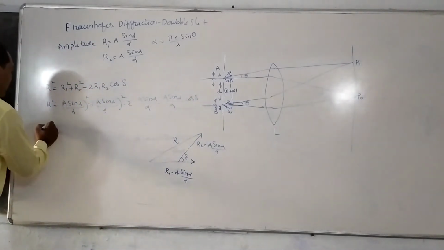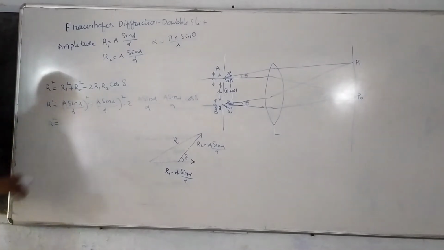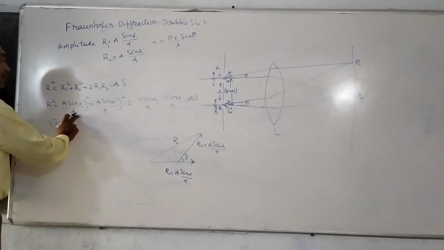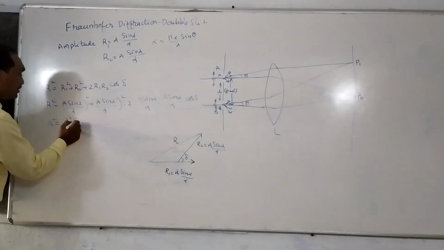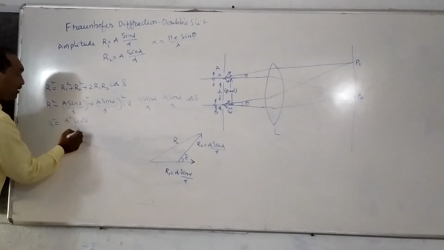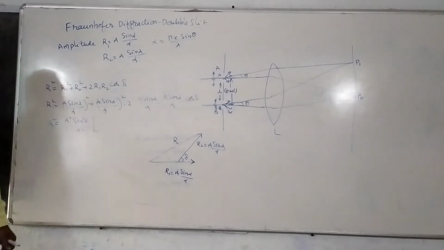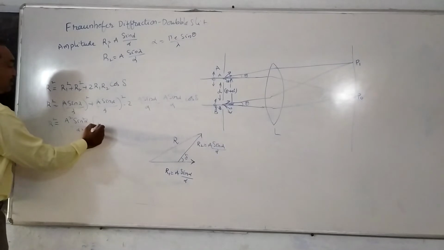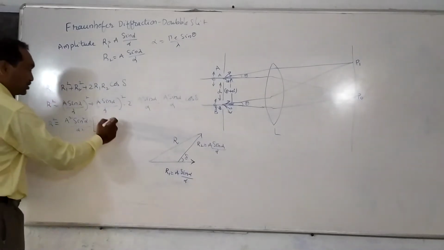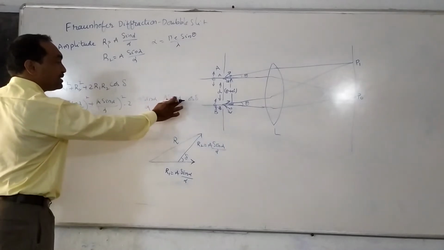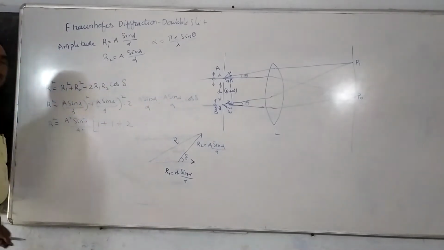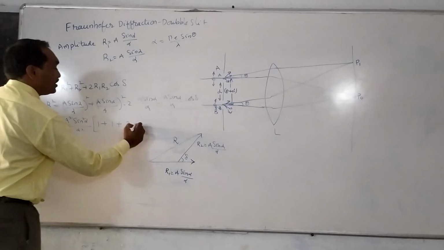Now that is equal to A square sin square alpha by alpha square here also A square sin square alpha by alpha square. When we take A square sin square alpha by alpha square as common, there is 1, there is also 1, and there is 2 A sin alpha by alpha, A sin alpha by alpha is already common, into cos delta.